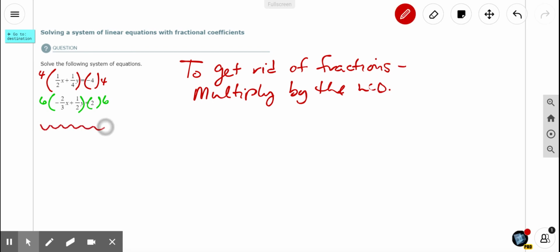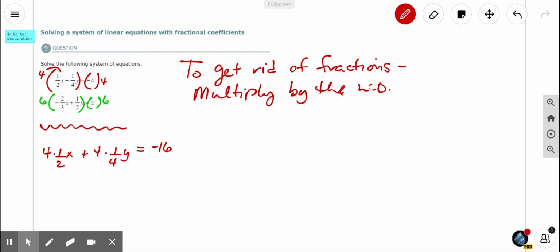So I'm going to draw a squiggly line to separate the fact that I'm working on this. And here I go to red. Okay, so we're going to distribute this 4. So we're going to go 4 times 1/2 x plus 4 times 1/4 y equals negative 16.